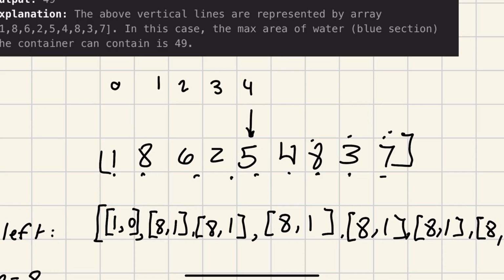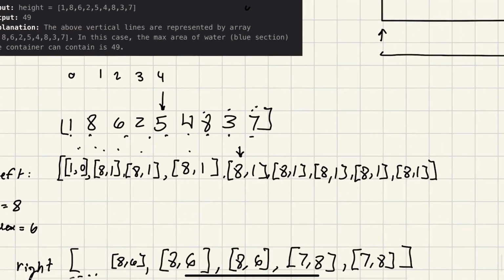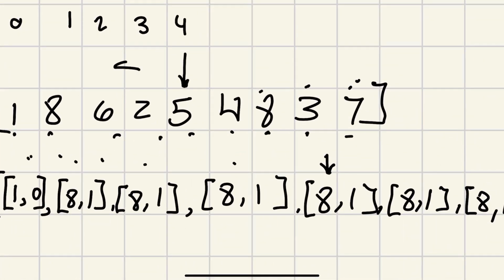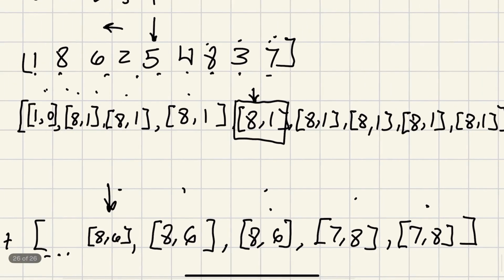If we go to the same indexes on the other arrays, 0, 1, 2, 3, 4, so this one is basically saying that to the left of the 5, the biggest container is actually 8, and it's at index 1. And if we do the exact same thing here, well, this starts 8, 7, 6, 5, 4. It'd be this one. It's saying that to its right, the biggest one is actually this 8 at index 6.